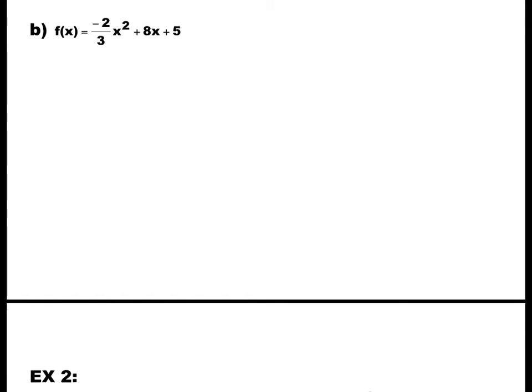The next example is a little bit more involved than the previous one. In this case, we do have the leading coefficient a, which is not equal to 1, and also it's a fraction. But the process is exactly the same. So the first thing we are going to do is factor out the coefficient so a becomes 1. So this becomes negative 2 over 3 times x squared.